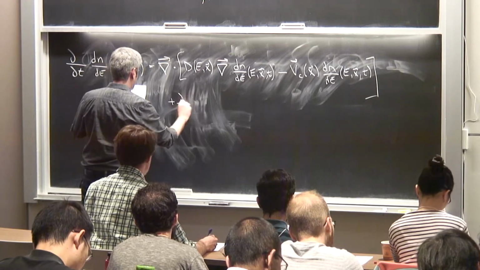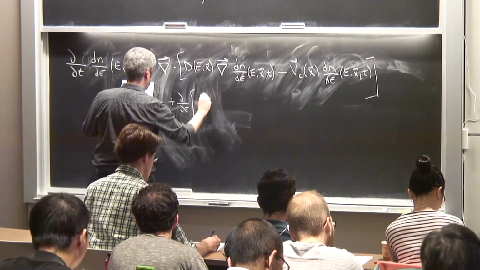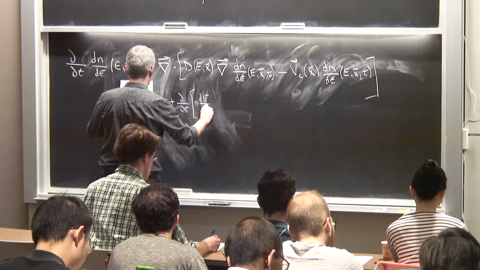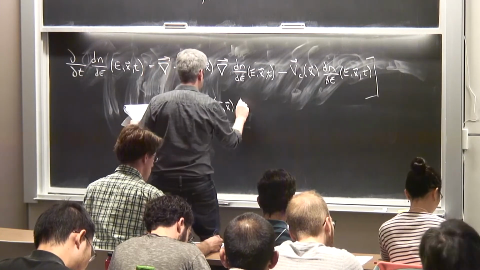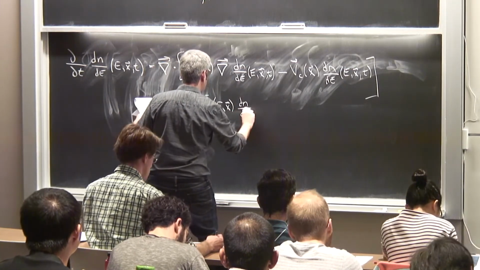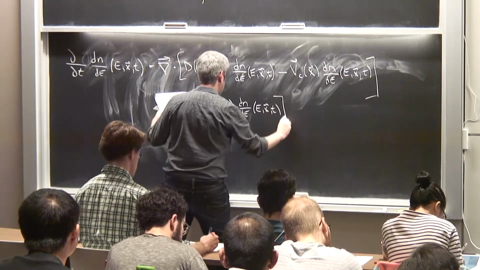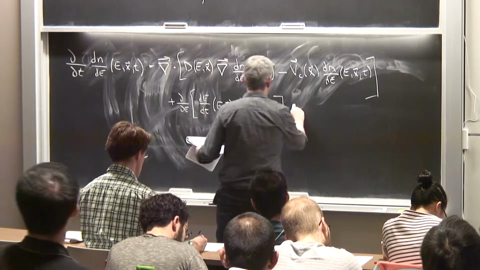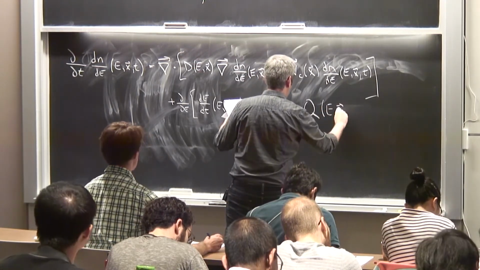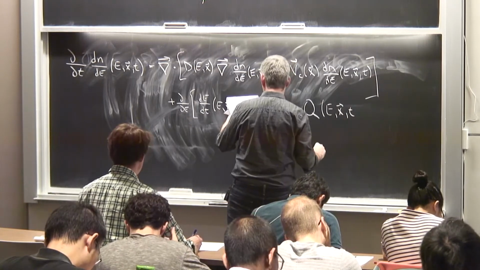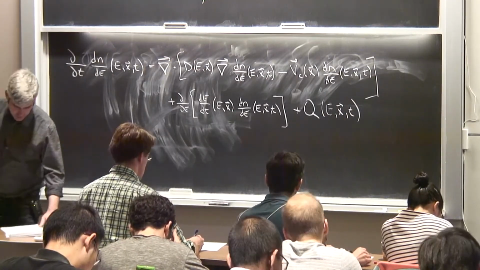And then I have a term which describes the energy losses of the particles. And lastly, I have what I just call the source term, which describes where and how and with what spectrum the particles are injected into the Milky Way.